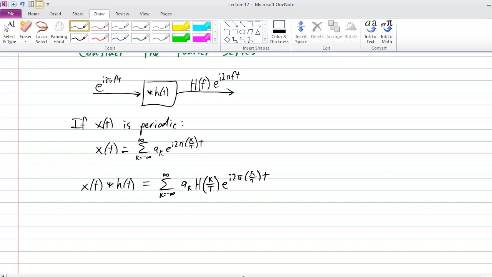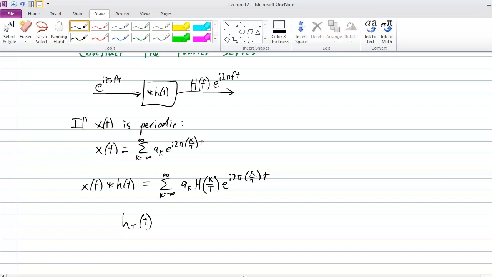Imagine that h, for the moment, has a shorter impulse duration than the period of x, just to keep things simple. That means that this function, the periodic summation of h, is equal to the periodic expansion of h. It doesn't actually matter if it's longer, that's okay.